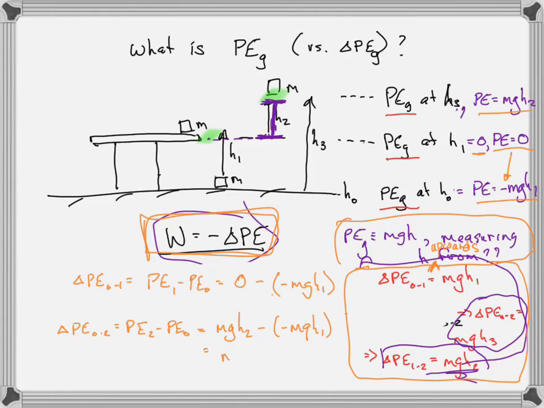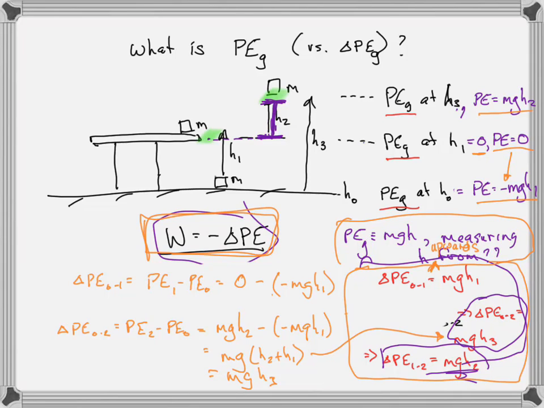So that gives us mg(h2 plus h1), which is indeed the potential energy going from 0 to 2, right? It's mgh1 plus mgh2, and h2 plus h1 is h3. So that's mgh3, and so that still works.